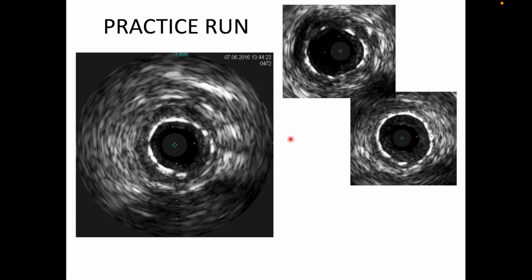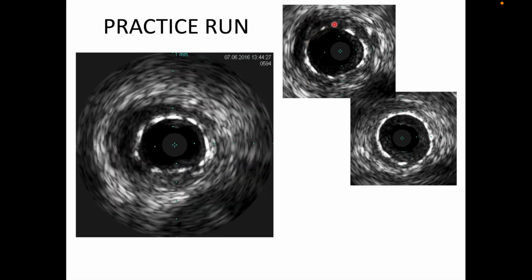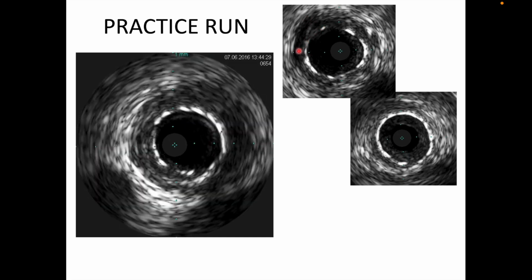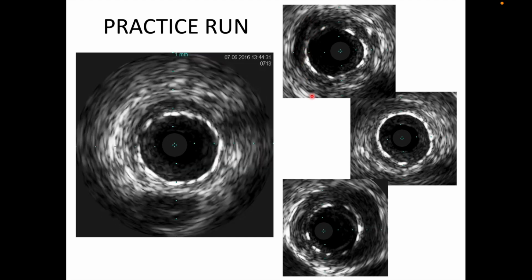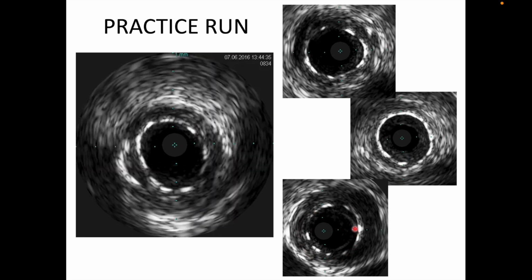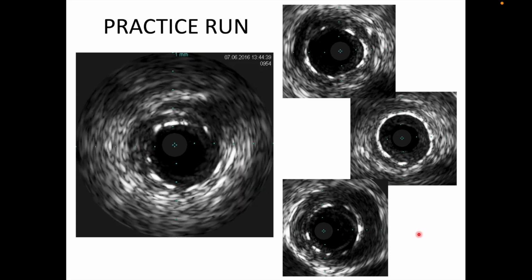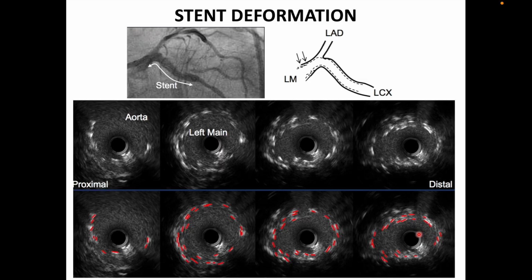In addition to that, there is malapposition here. The stent struts are not touching the intima. There is a gap in between. And then there is also under expansion over here. So this is an undersized or underexpanded stent.